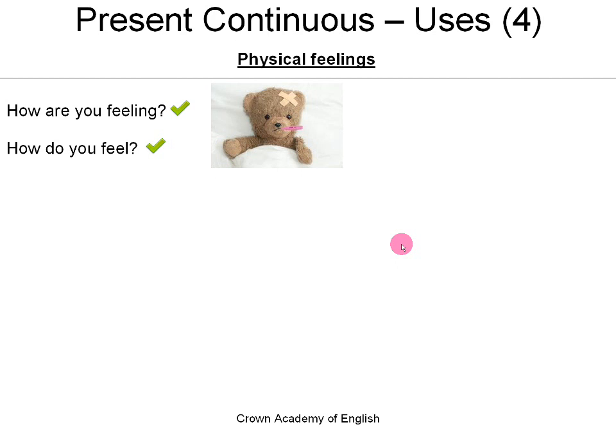So for describing physical feelings, we can use both the present continuous and the present simple. Both present tenses are correct for physical feelings. For all physical feelings, we can use both. Okay, so the meaning is exactly the same. If we say to somebody, how are you feeling? How do you feel? It means exactly the same, and both are completely correct.